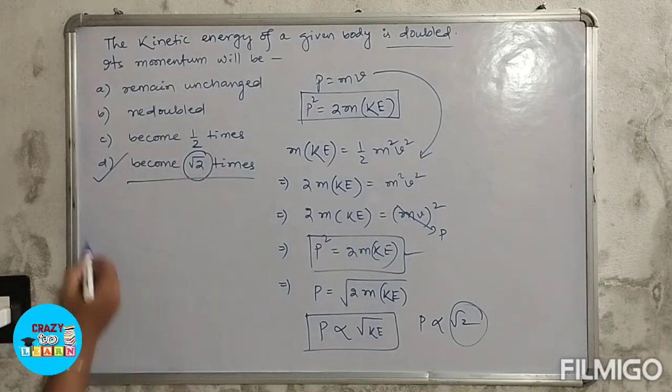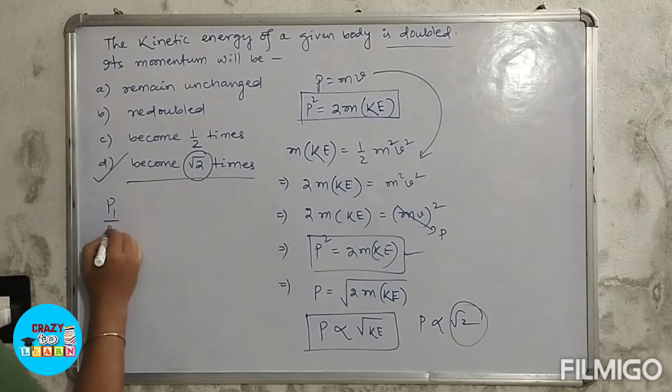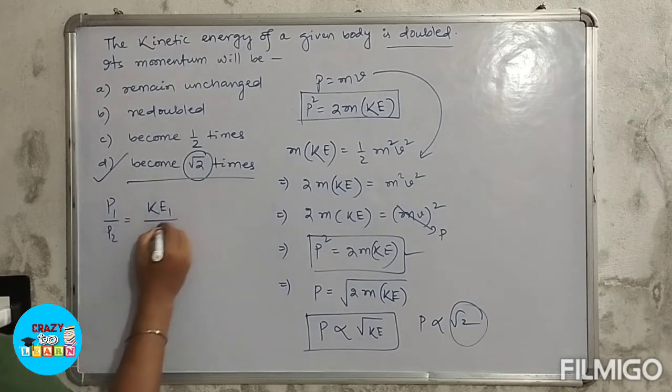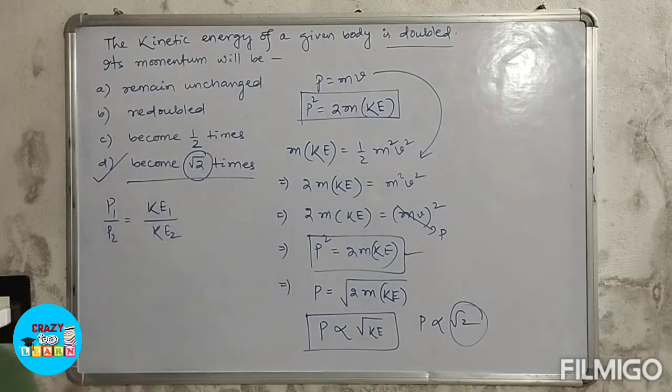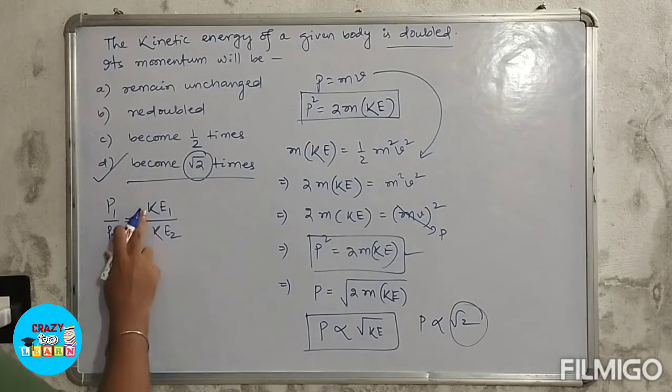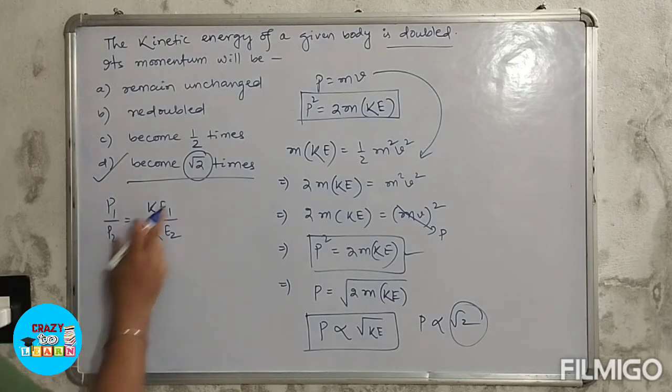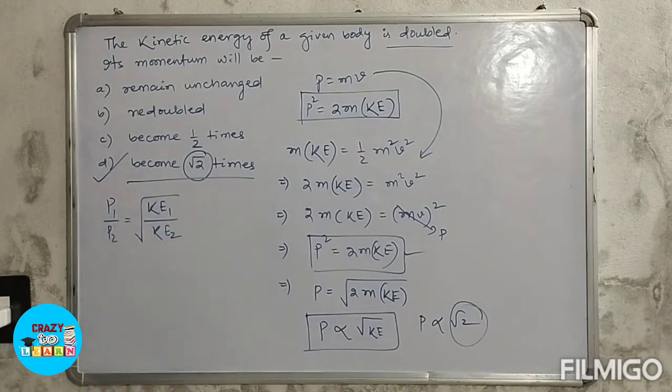Otherwise you can do it like this, as p1 by p2 is equal to square root of ke1 by ke2. Okay, if p1 is the momentum for the first case, p2 is the momentum for the second case, square root we have to keep here.